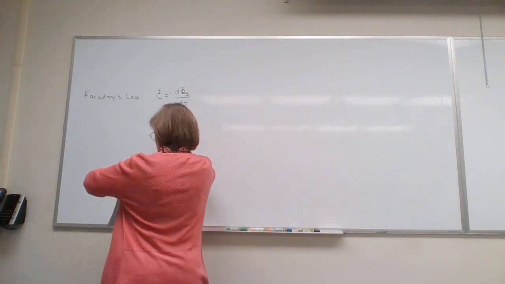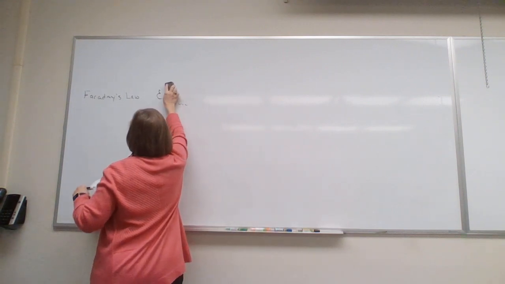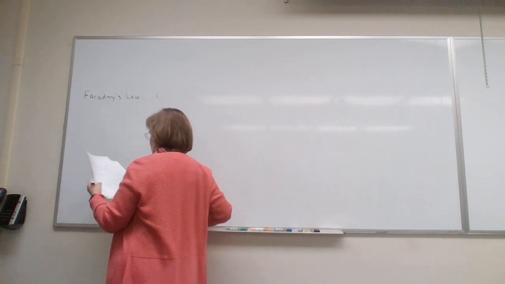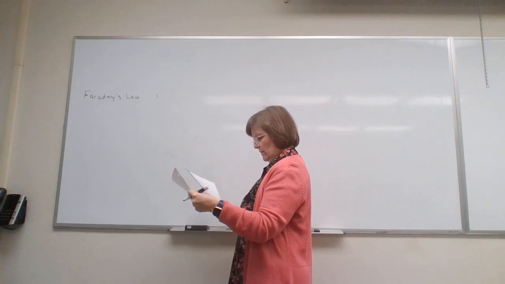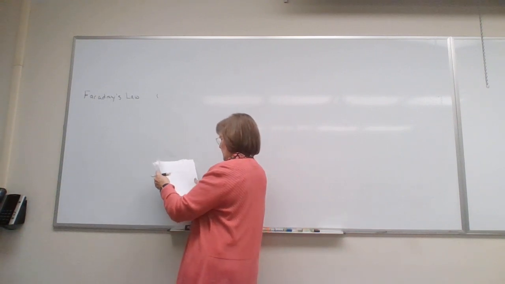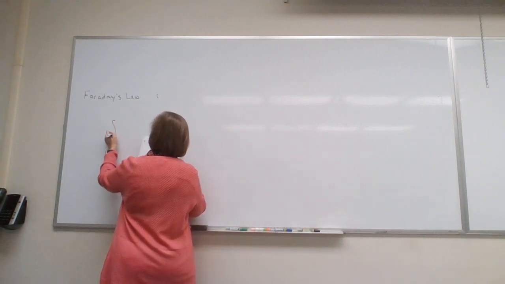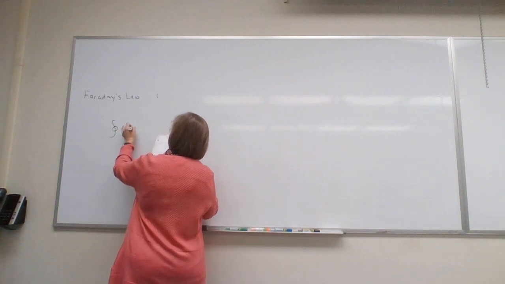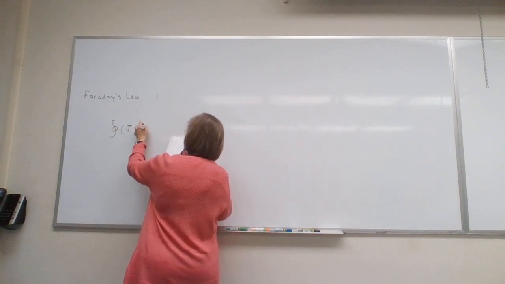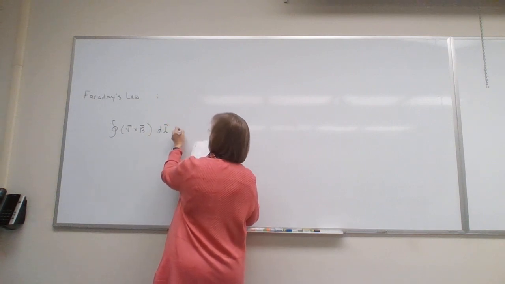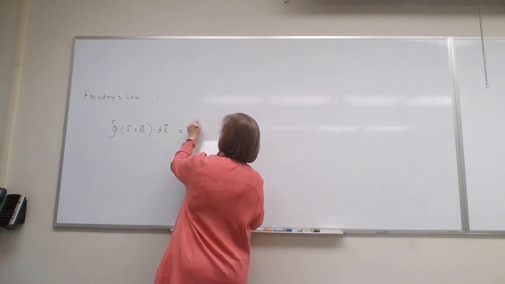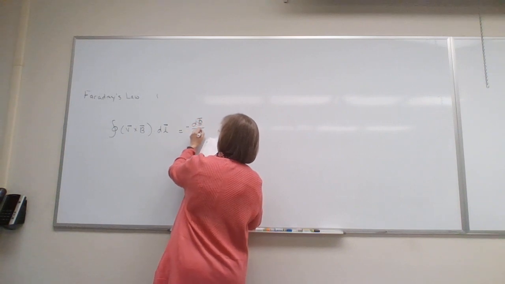Well, those formulas are the same for moving and for stationary. Did I copy the wrong one down for stationary? I think they look the same. No. Because it was negative D and then the flux. The moving one, this is moving, was the integral of V cross B dot dl. And that, of course, they all equal this. This is just Faraday's law that the induced EMF equals.